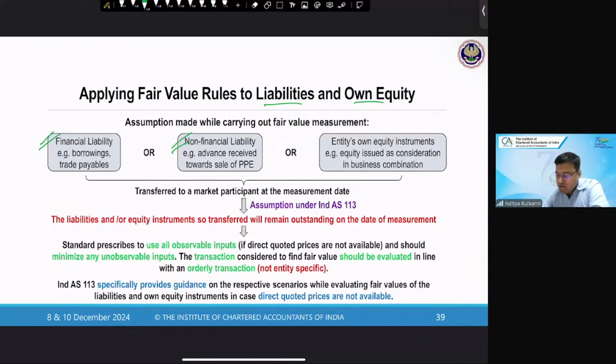Or third case, you are having entity's own equity instruments. Example, equity issued as a consideration in business combinations. You will study in business combination that one of the ways in which purchase consideration can be discharged is by issuance of own equity.